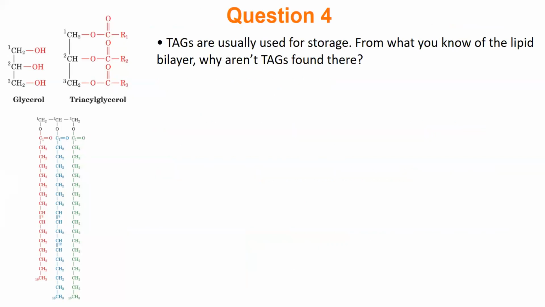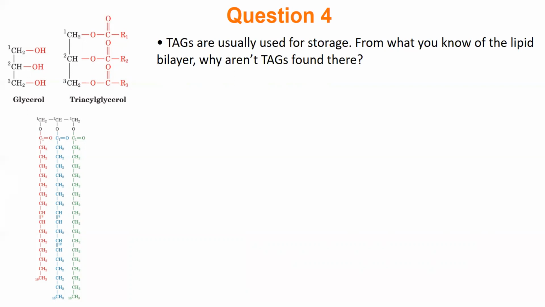So here's a good thought-provoking question. TAGs, like I said, we just use for storage. However, another place you can find fatty acids is a lipid bilayer. Why would you not find TAGs generally in the lipid bilayer?